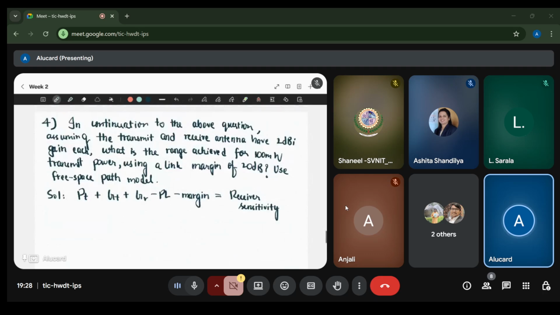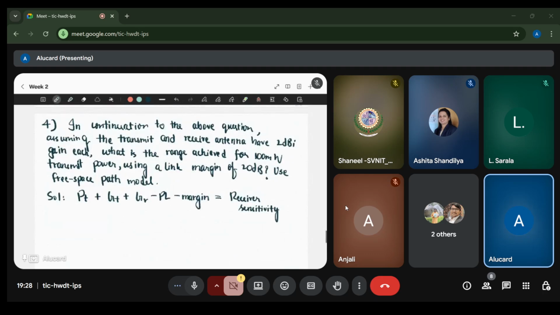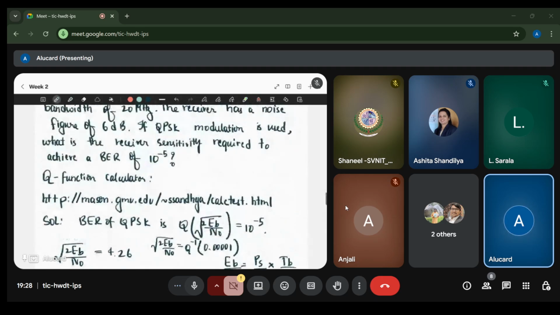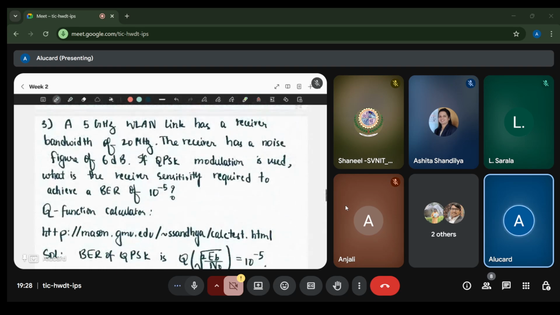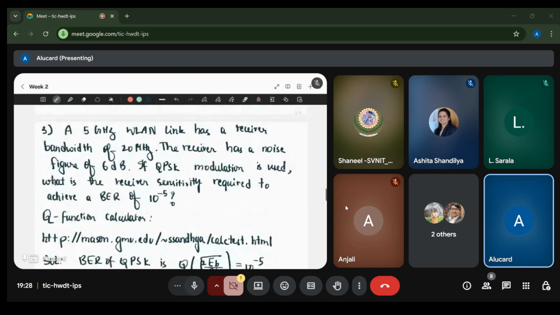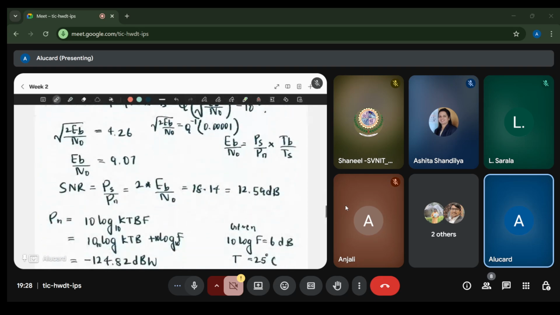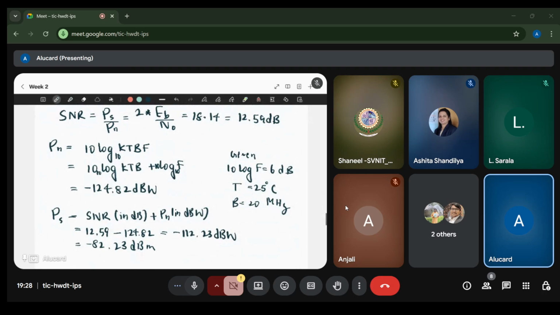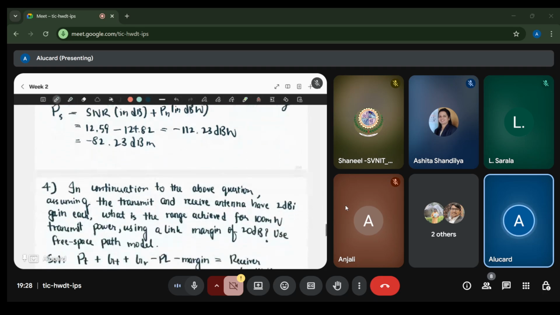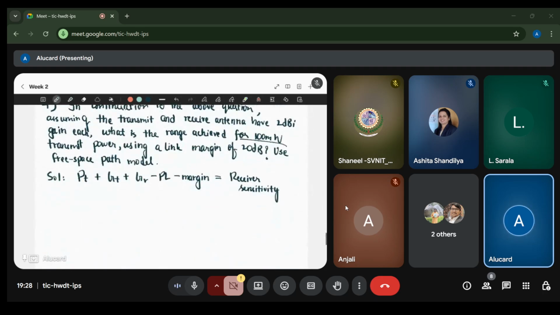That means the transmitted power, which was given in this question, is 100 milliwatts. So transmit power is 100 milliwatts, in dBm that will be 20 dBm.